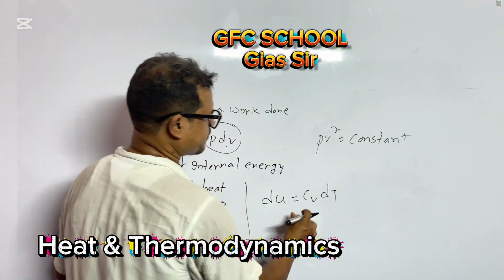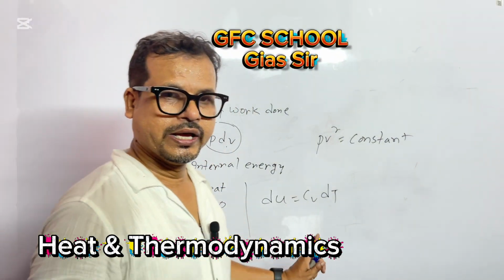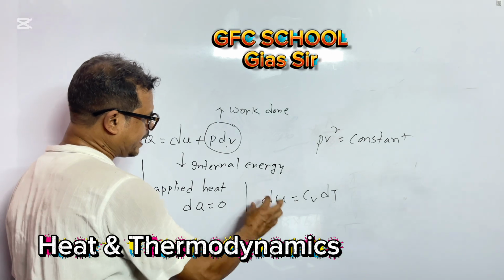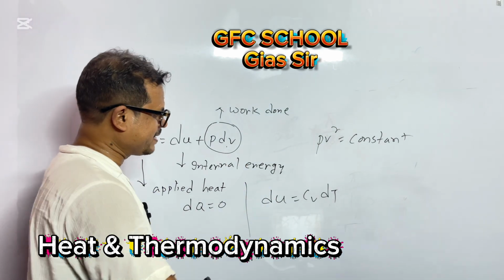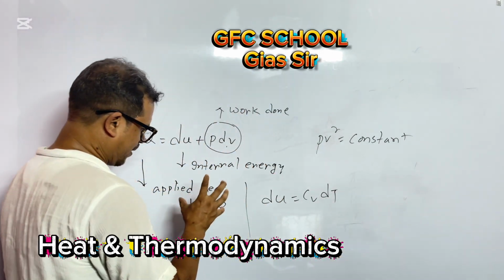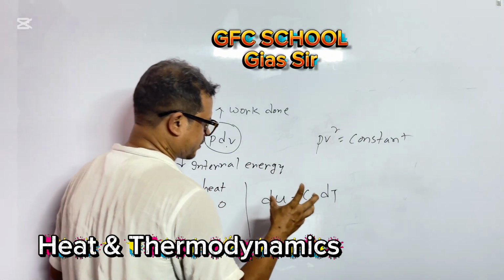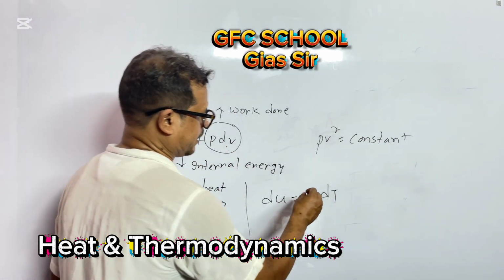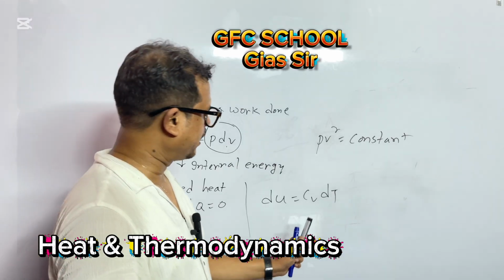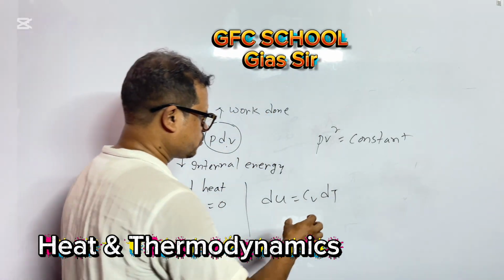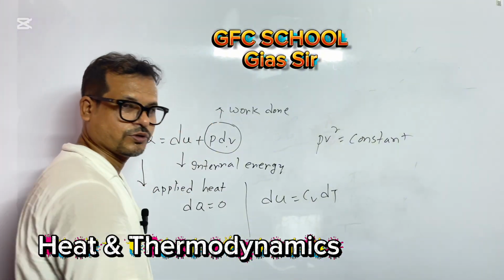Okay, this is the specific heat at constant volume, and this is the change of temperature, and dU is the internal energy. That means just now we have known this for the adiabatic process, and we have known this for specific heat. Yes, these two terms we have to remember.